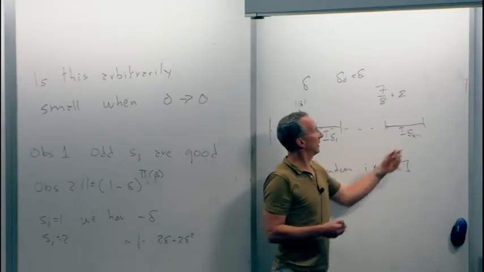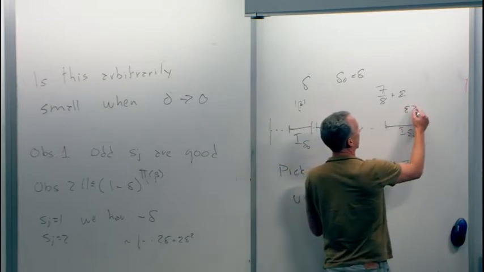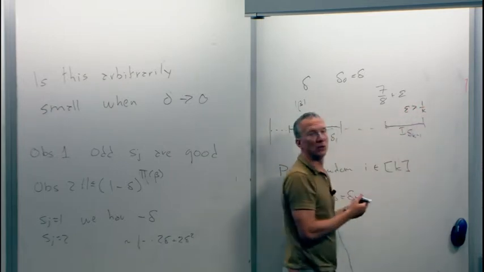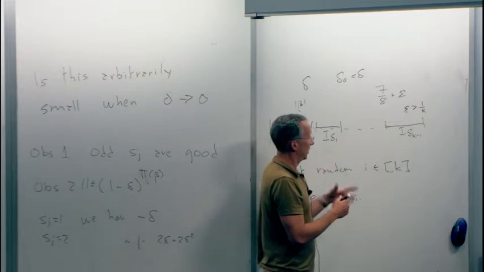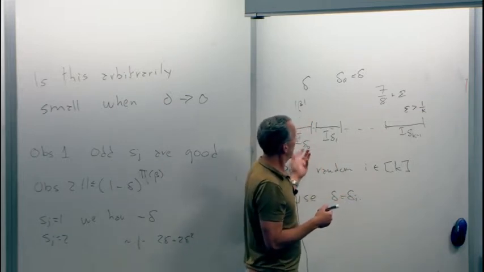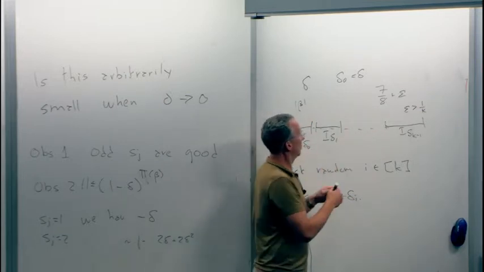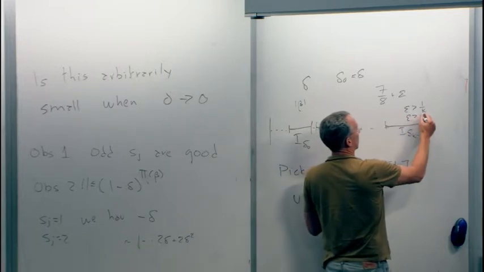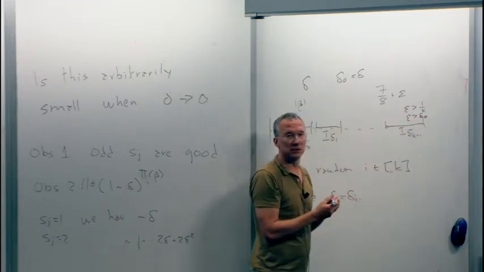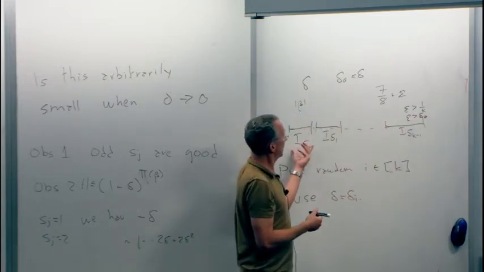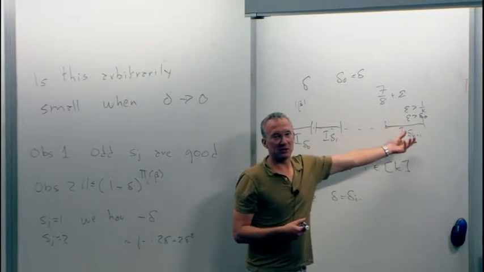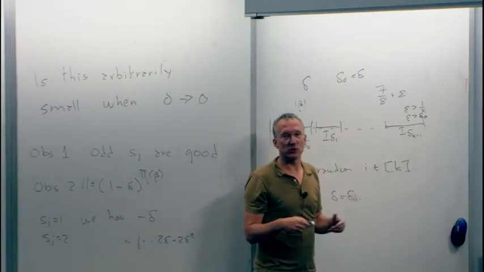Clearly, I'll need an epsilon greater than 1 over k, and I'll also need epsilon greater than delta 0. That says the first delta is pretty small, and then these decrease quite a lot, so I'll have much worse constants.